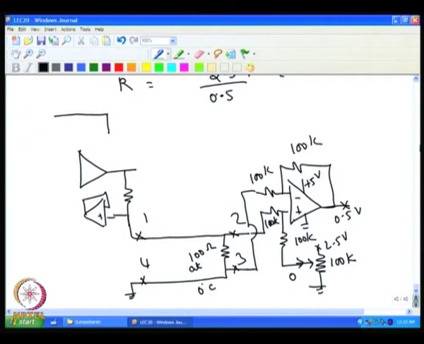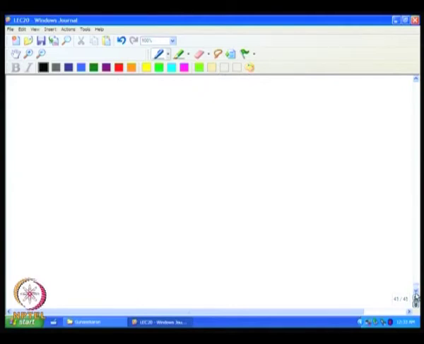So, the output voltage I will mark it now, this is V difference and this is V0. This can be used as a 0 adjustment. So, the output at the op amp, V out, is given by V difference plus V0.